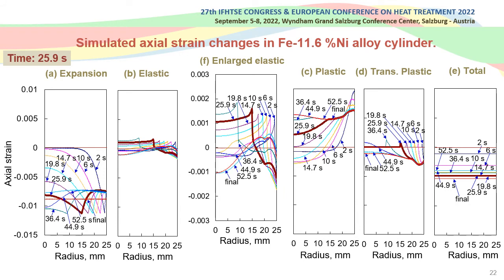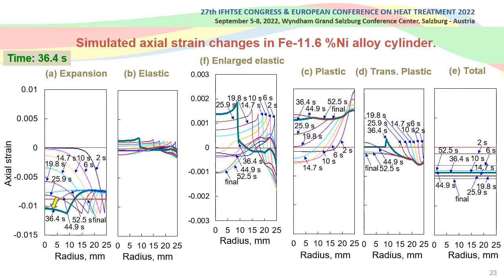The slide shows the various strains at 25.9 seconds. The distribution changes show the same trend as in the previous slide. The total strain has decreased considerably. The slide shows the various strains at 36.4 seconds.